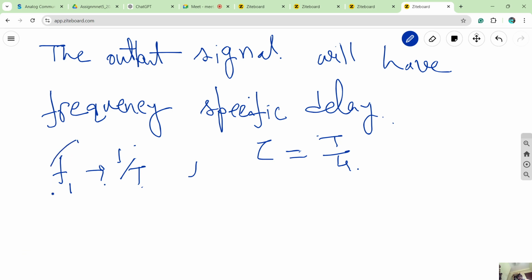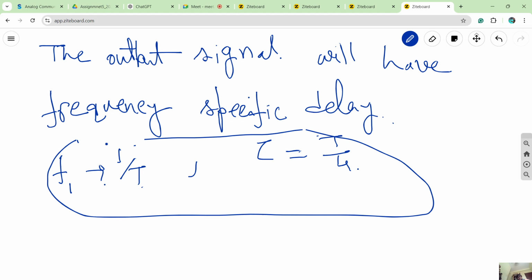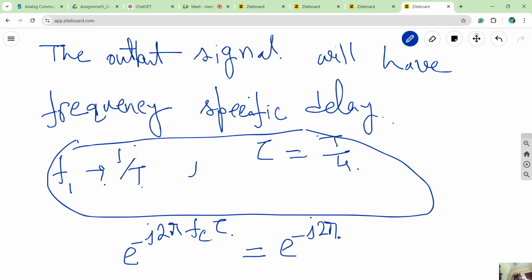So the total phase shift, in terms of e to the power minus j 2 pi fc tau, for the first one with f1 is e to the power minus j 2 pi times 1/T times T/4. This is actually e to the power minus j pi by 2.